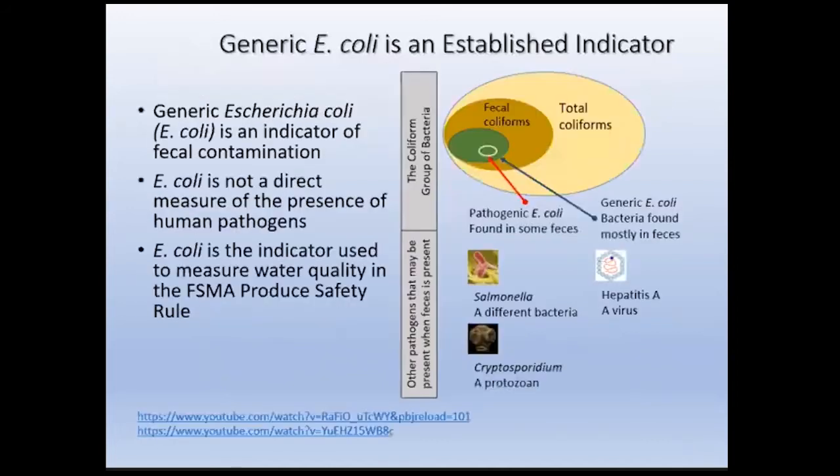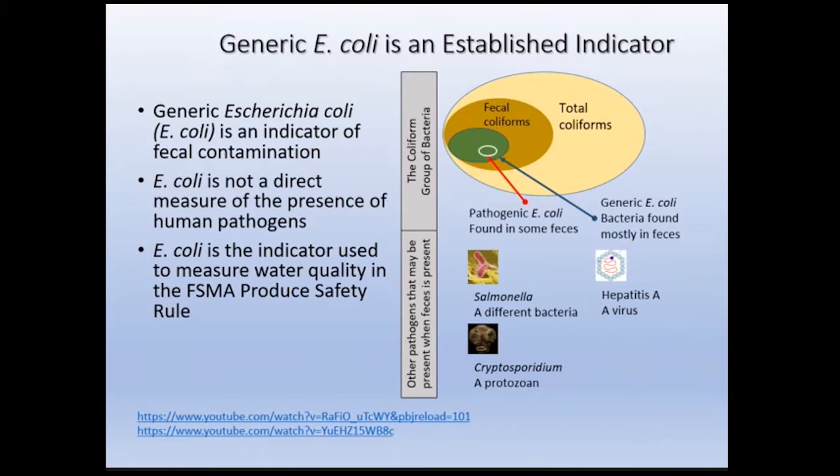All right. So as Shirley talked about, generic E. coli is the indicator that we use. And I'd like to put that in perspective, although Shirley's information certainly indicates that there's a lot more for us to know. But what we measure through our testing is generic E. coli.